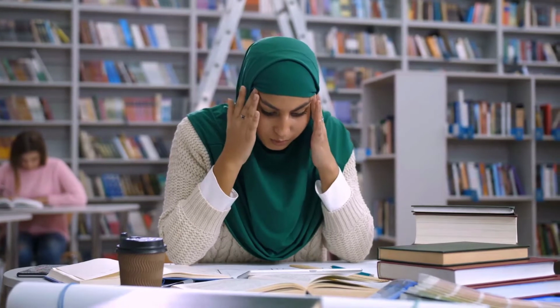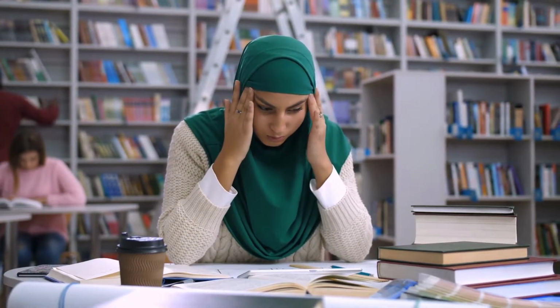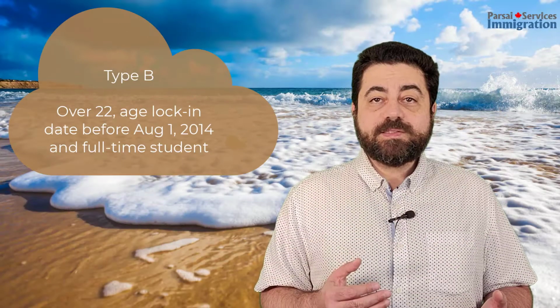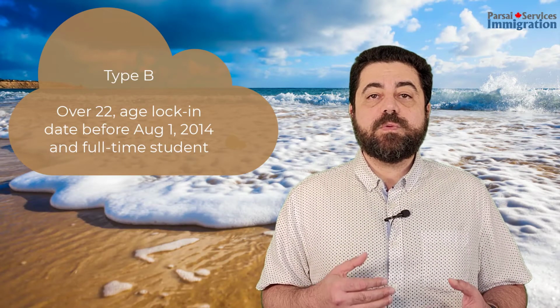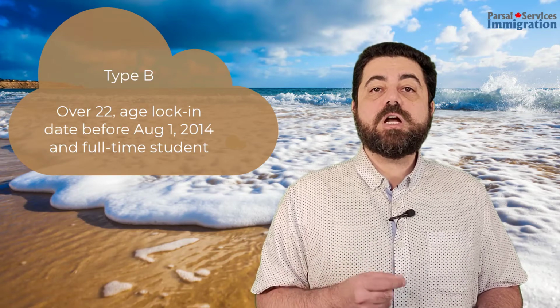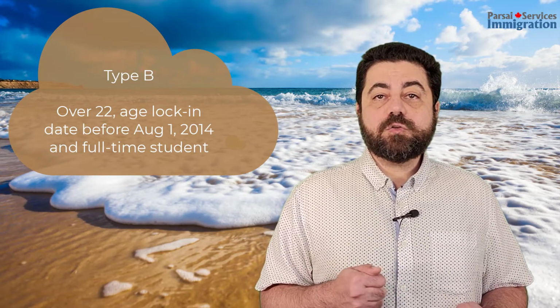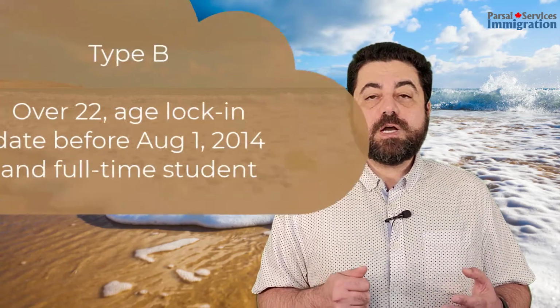In those situations, if the child was over 22 but was studying at a school at the post-secondary level continuously without interruption, then that child could also be a dependent child, and those kind groups of children are called type B. But the likelihood that we are dealing with a type B child nowadays, after 7 years passing August 1st, 2014, is close to 0%.